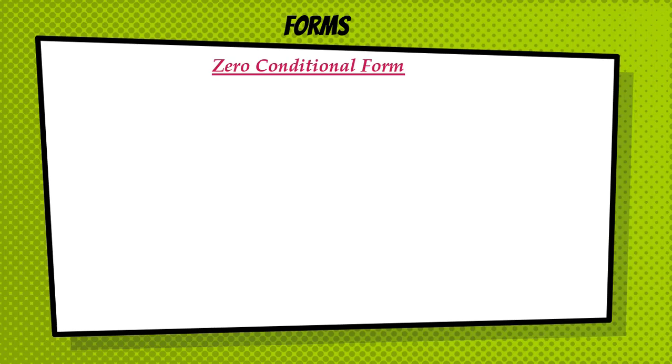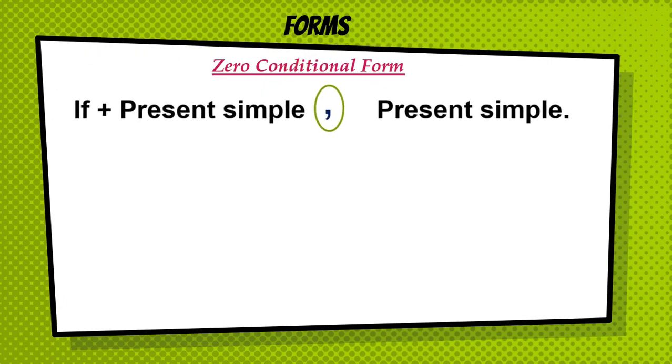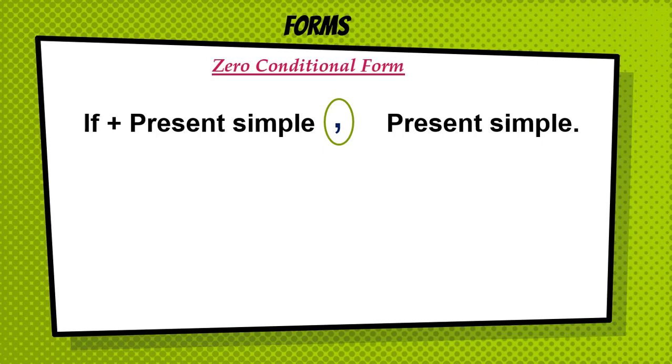What about the form? How can we form a zero conditional if? We have to start the sentence with the if conjunction followed by the present simple tense verb. We have to separate between the two sentences using the comma and then the present simple verb also.